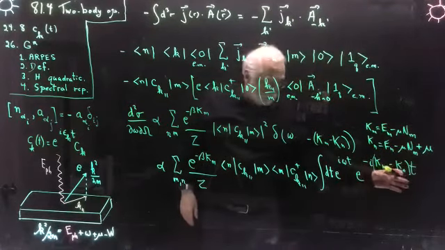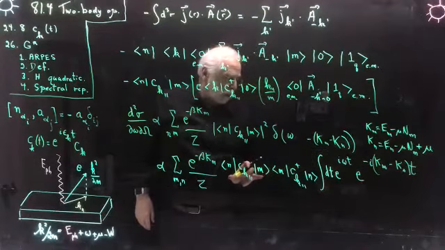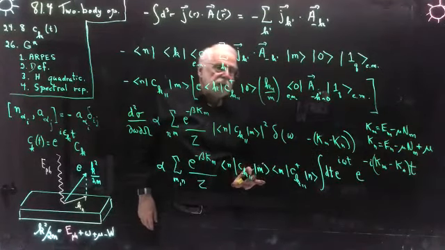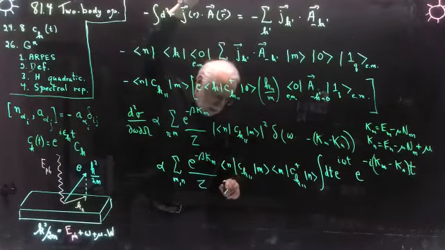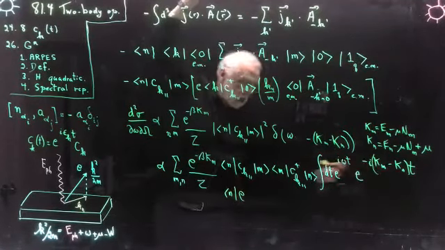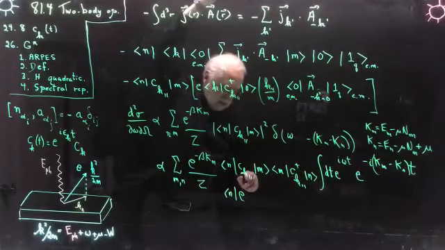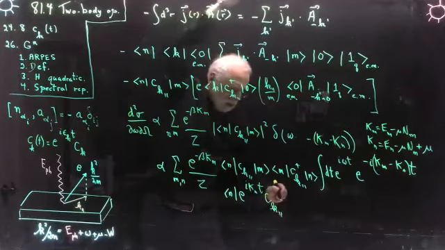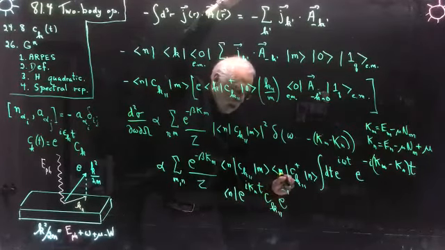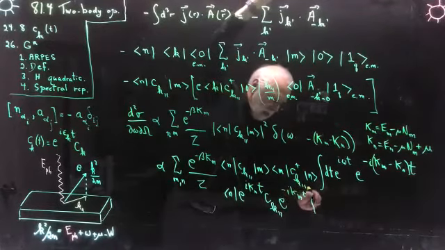And now I can put this as the time evolution operator of this. So in other words, this I can write as N e to the i K n t times C K parallel times e to the minus i K m t times M. Excuse me.